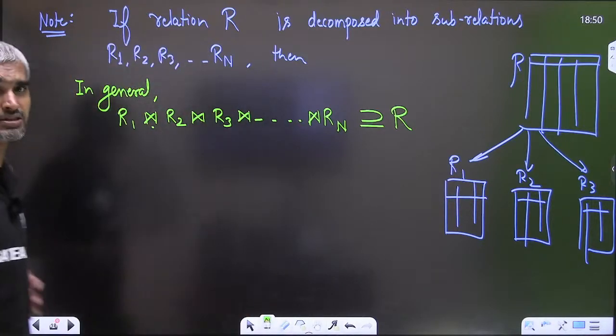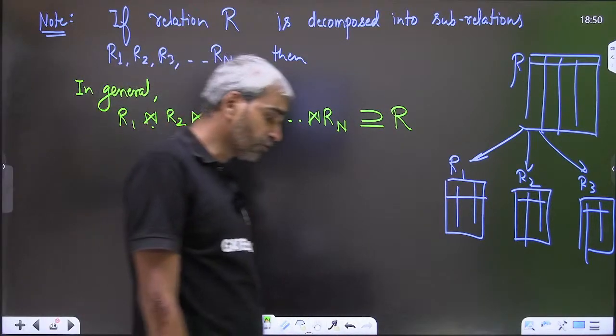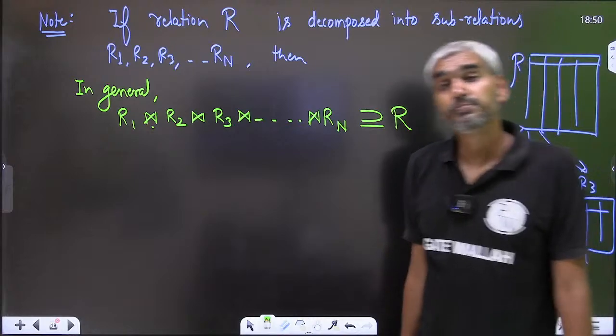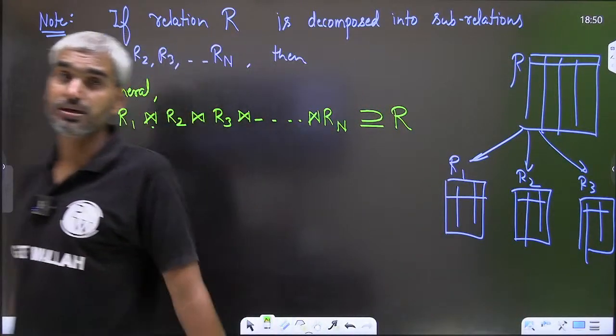Those extra tuples are known as spurious tuples. If those spurious tuples are present, then your decomposition is said to be lossy.